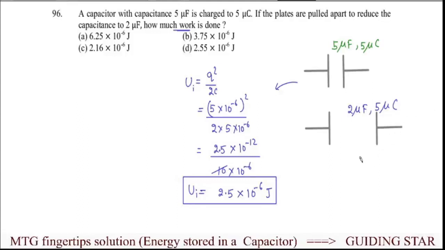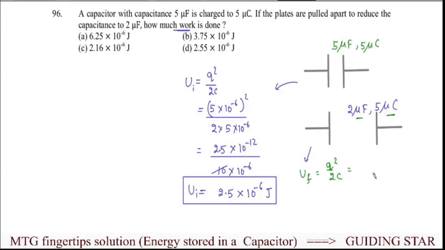Similarly, when the capacitor plates are pulled apart, what will be the energy? Let it be U final. We'll be using the formula Q square by 2C, because we know the value of charge and we know the capacitance.